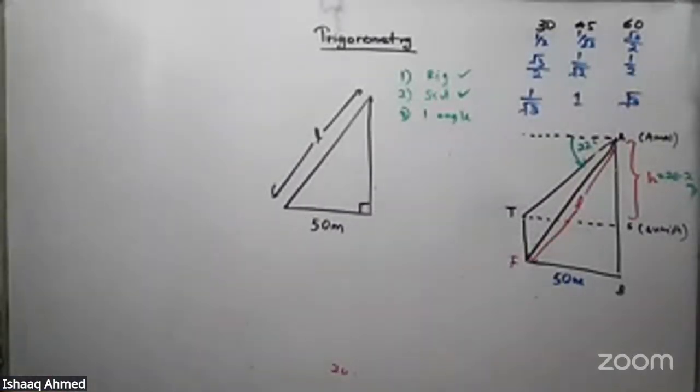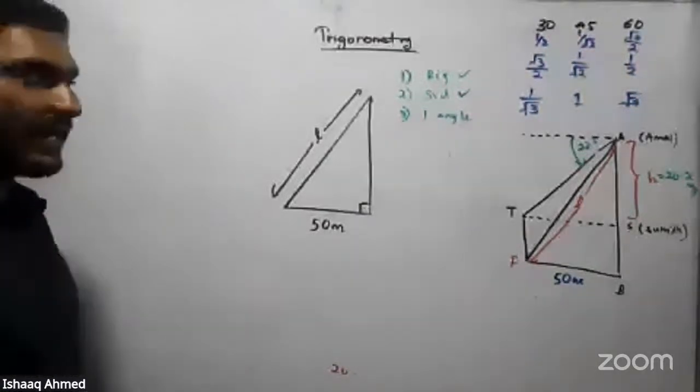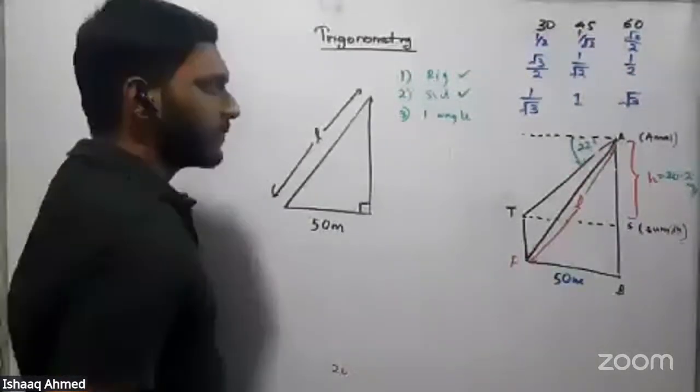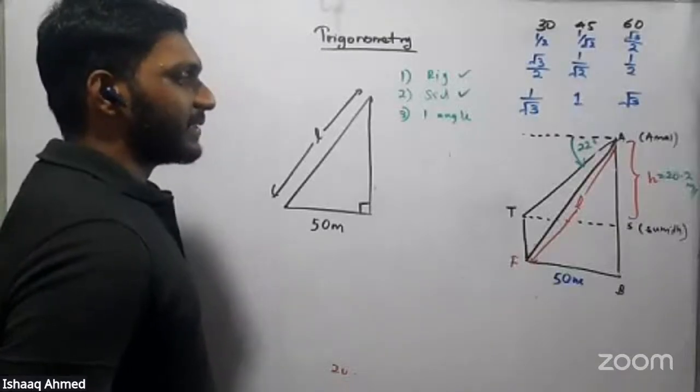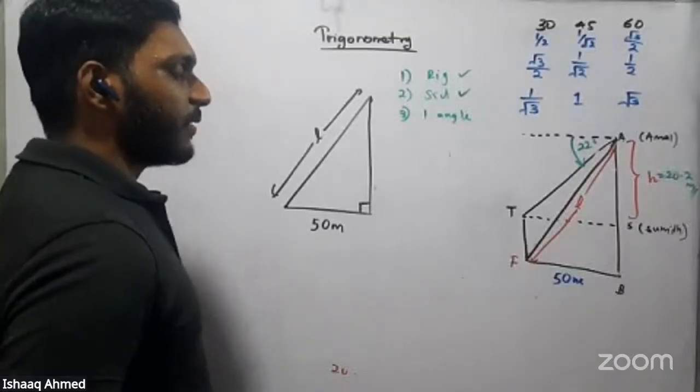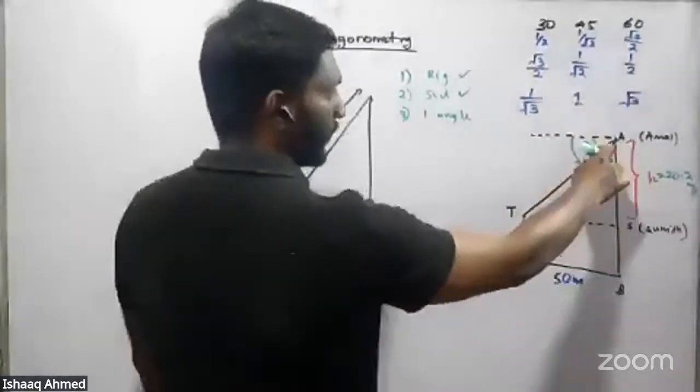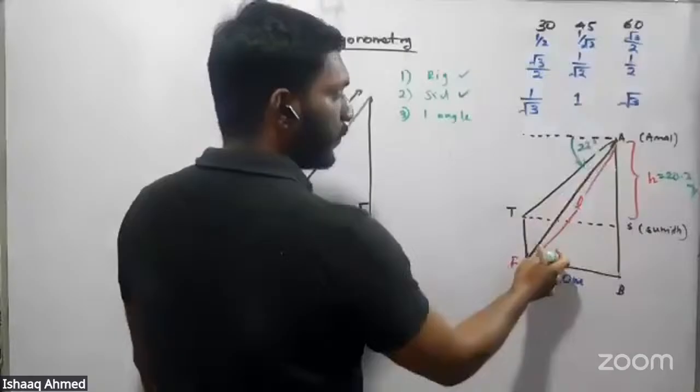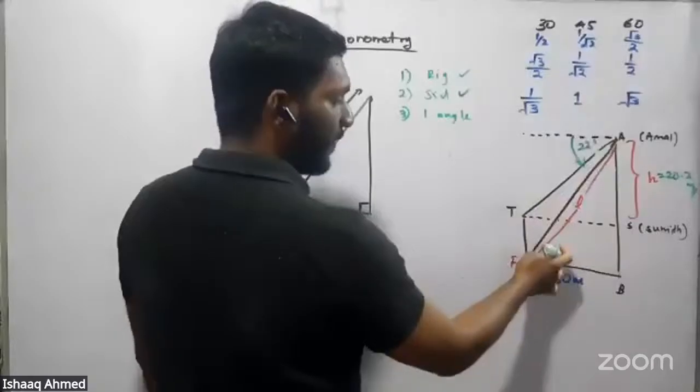We have to have one angle. Do you have any angle inside this triangle? We have this 22. Do we have this or this?